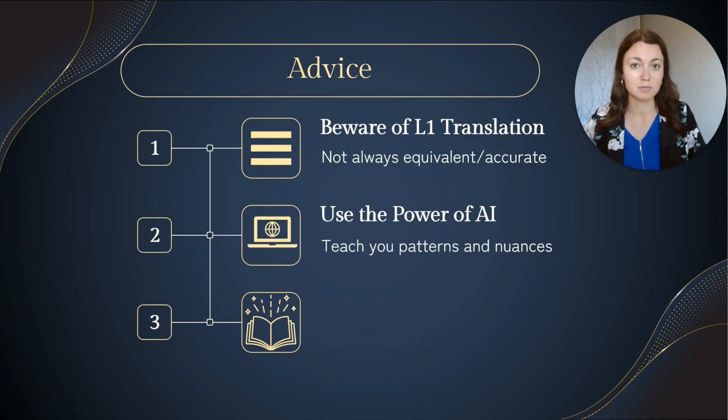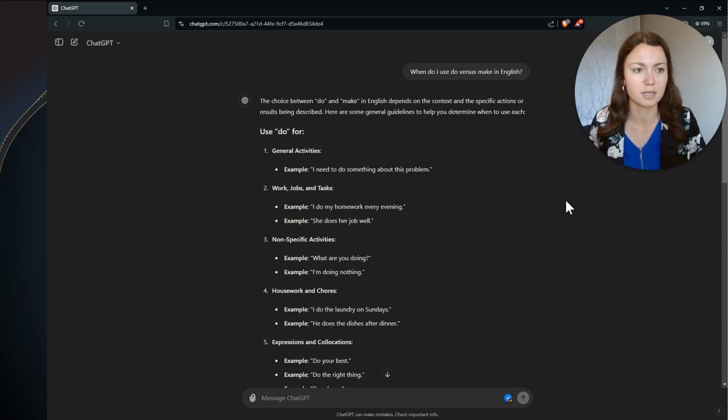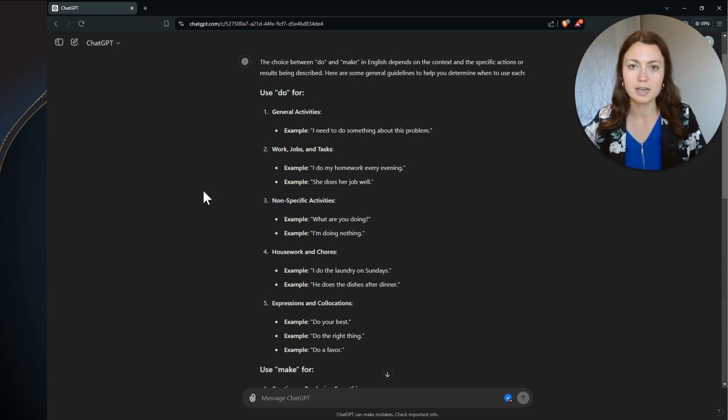That's because sometimes people's first language doesn't differentiate between them. Other times it's because people's first language uses them differently. So how can we learn these English patterns for do and make? Well, this is ChatGPT here, and I've put in, when do I use do versus make in English as a question? And it's generated a very nice list for me of the differences there.